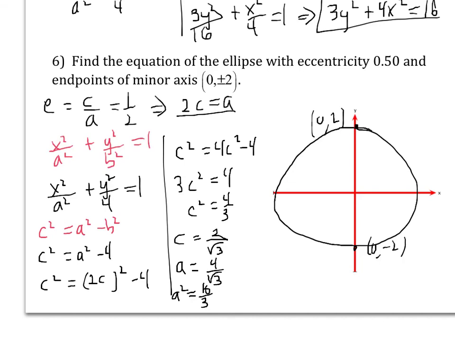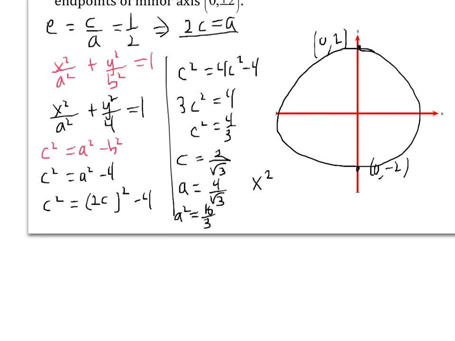Alright, so let's put it all together. Let's write it as x squared over a squared, which is 16 over 3, plus y squared over b squared, which is 4, equals 1.